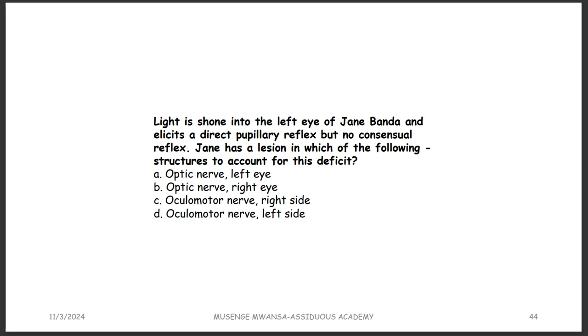Is there another option? Is there someone that is wondering why the answer is C, who wants an explanation, or we just move on? Just a moment.